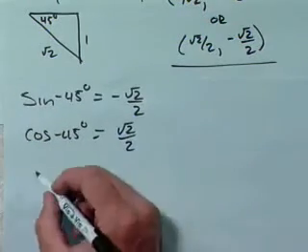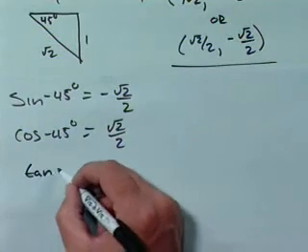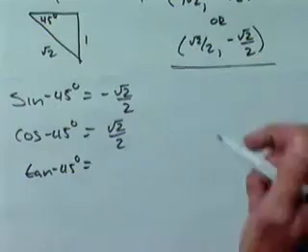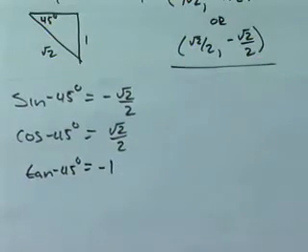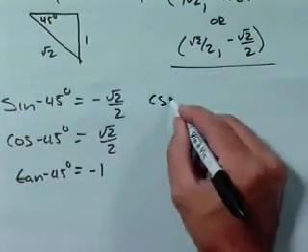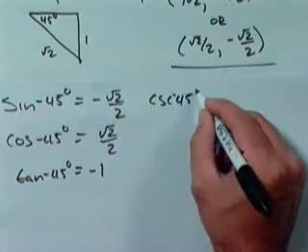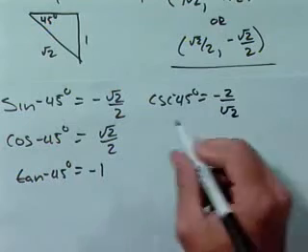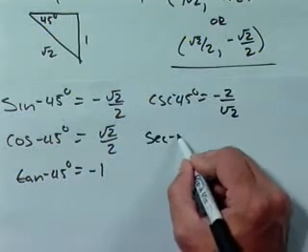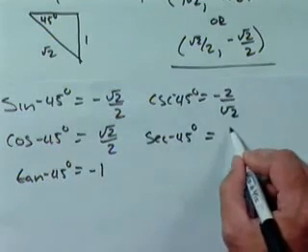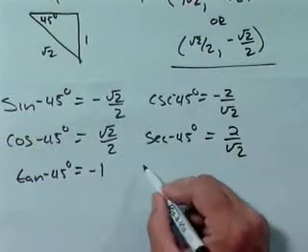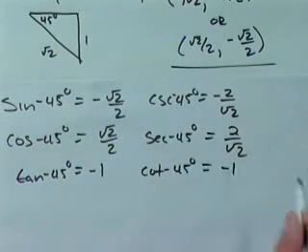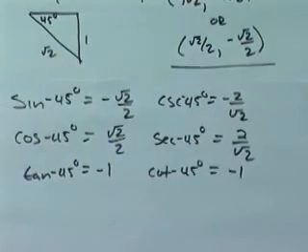It's pretty simple from here. Tangent of negative 45 degrees, well, that's the y over the x-coordinate. That's going to give us negative 1. Cosecant of negative 45 degrees, that's the reciprocal of sine. Secant of negative 45 degrees is the reciprocal of cosine. And cotangent of negative 45 degrees is the reciprocal of tangent.